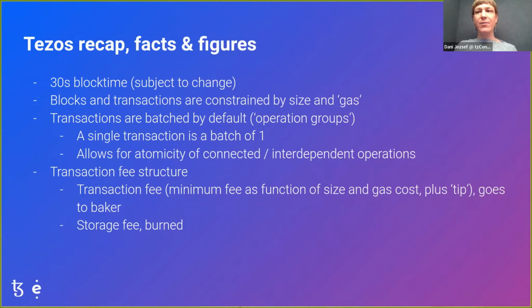And also you have to pay the network, that is all of the people who hold Tez, by burning a certain amount of Tez as a storage fee. Since storage on chain is considered a public good, by creating a deflationary pressure, you are rewarding the people who hold Tez by burning Tez.